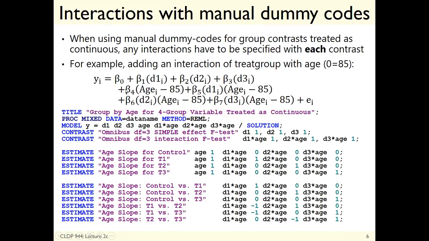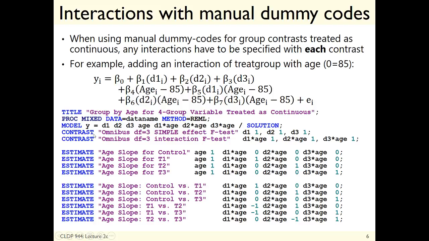I am adding 3 interaction terms, 1 with each of the dummy codes. So I now have an omnibus main effect of group, and I have an omnibus interaction with age. Each of these is a 3 degree of freedom thing.